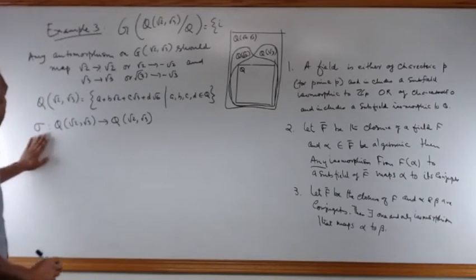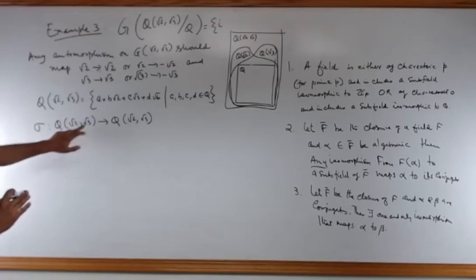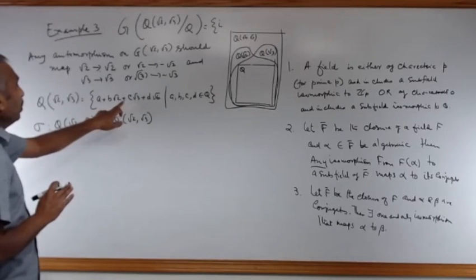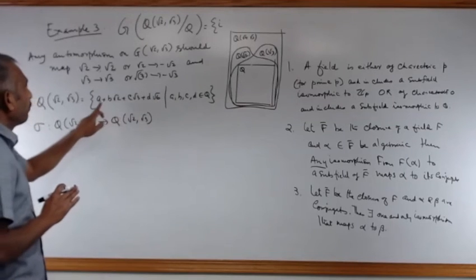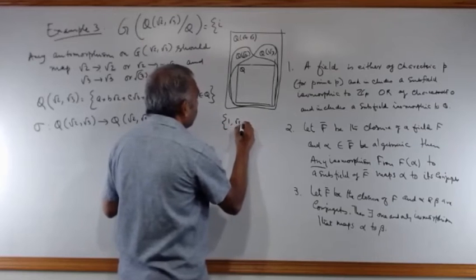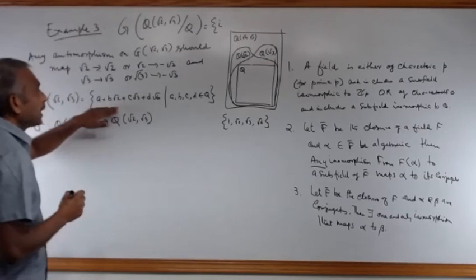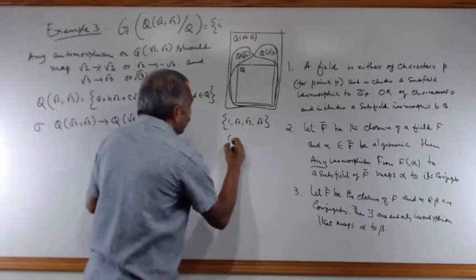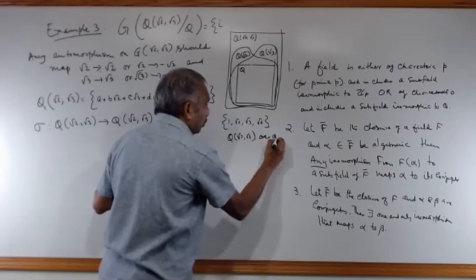The whole automorphism is determined by root 2, root 3 and root 6, and of course 1, because 1, root 2, root 3 and root 6 are the base elements if you consider Q of root 2 comma root 3 as a vector space over Q.